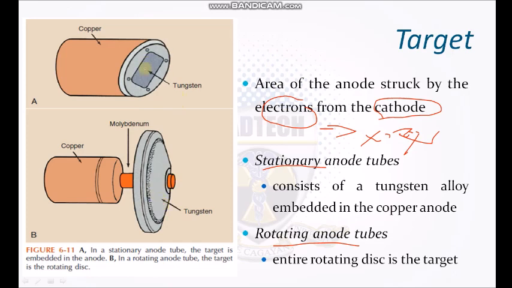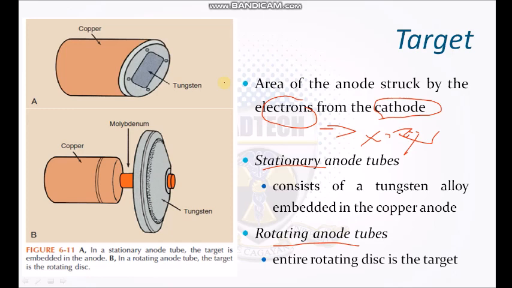Okay, so the stationary targets can be used for X-ray imaging systems that use low technique factors, for example low kV, low mA, so stationary can be used, for example, in dental. And then rotating anodes are usually used, for example, in general radiography, and also in CT scan.